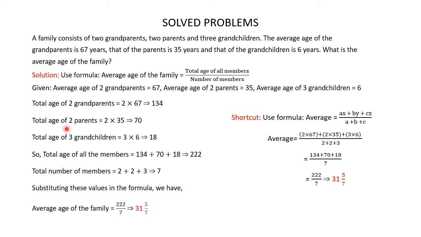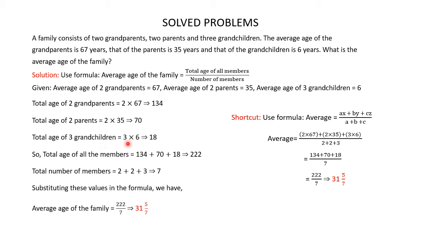Now total age of two parents is equal to number of members multiplied by their average age. This gives us 2 multiplied by 35, which is 70. Now, similarly, the total age of three grandchildren is equal to the number of members multiplied by their average age.